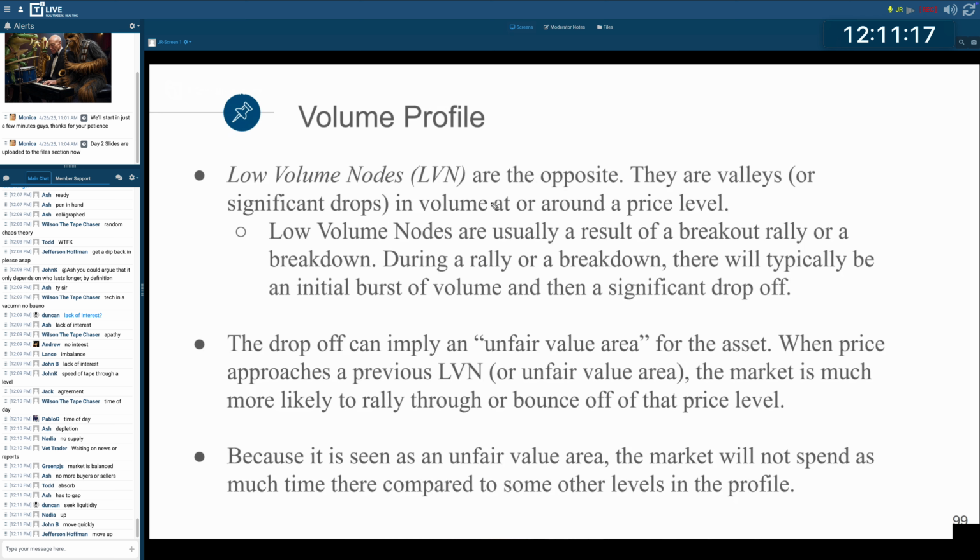Say you had April 9th. You had a big old ugly giant beer gut of a transactional high volume node here, because people thought the market was going to go lower. Everyone was freaking out. They're like, Trump is going to kill us all. And then we rallied like 270 points higher.